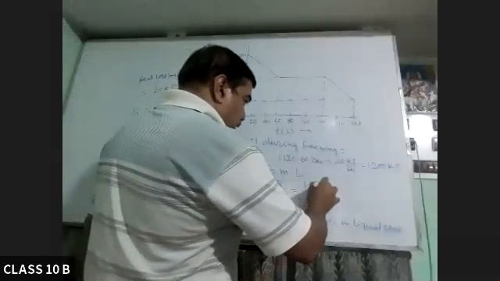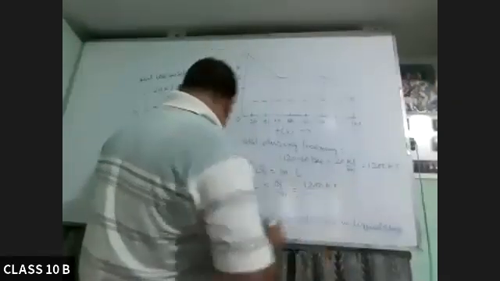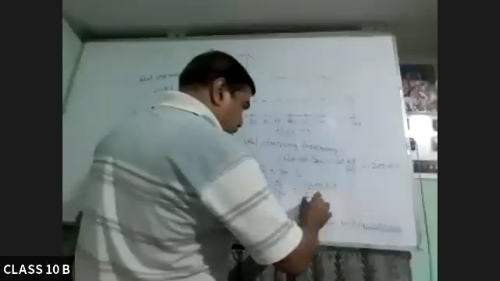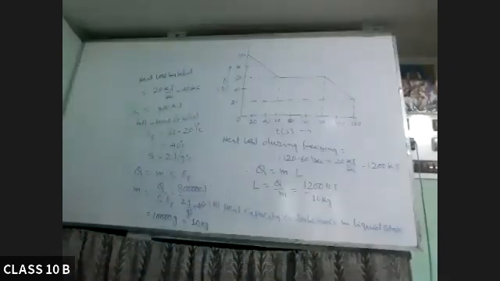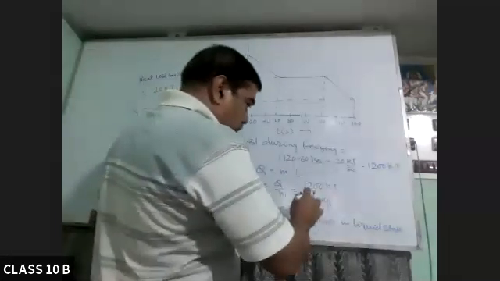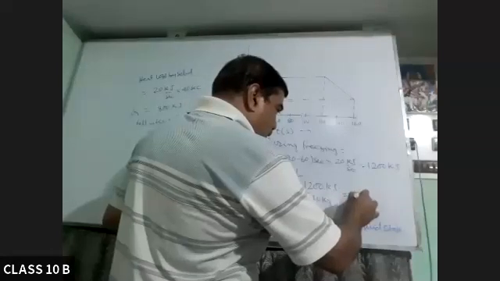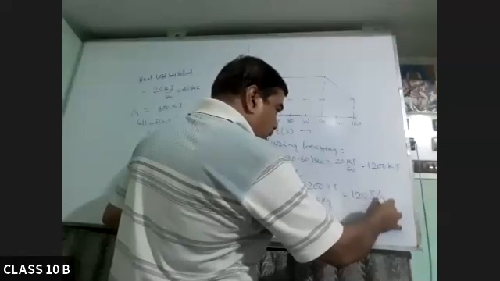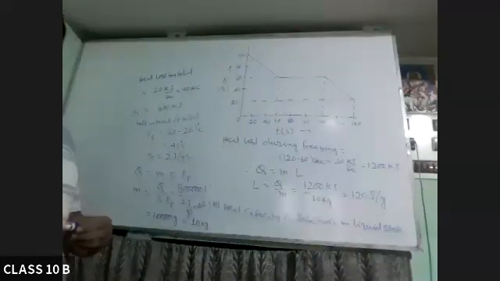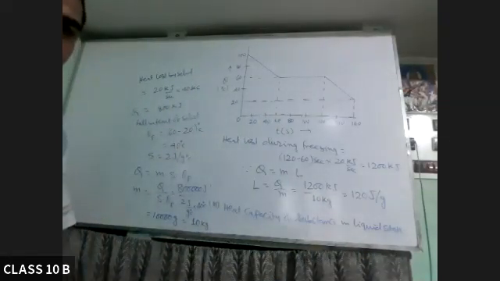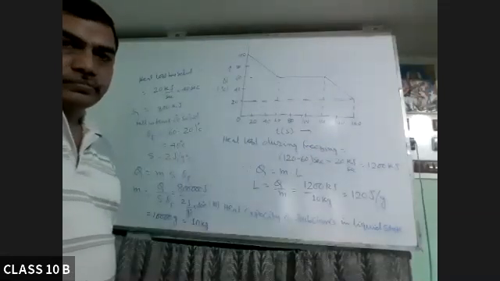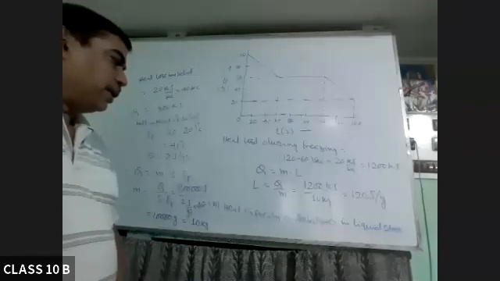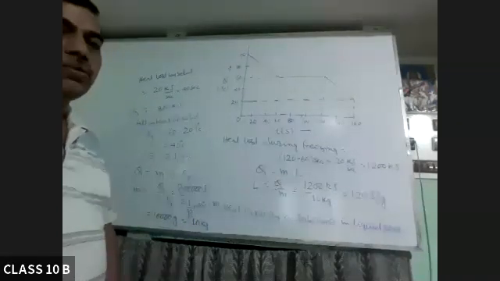So 1200 kilojoule and mass we have got 10 kg. So kilo will cancel, that is 120 joule per gram. So the specific latent heat of fusion of this material is 120 joule per gram.